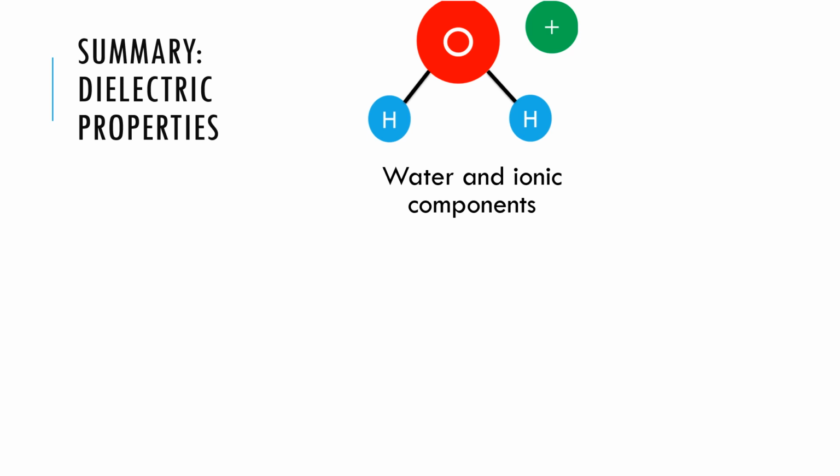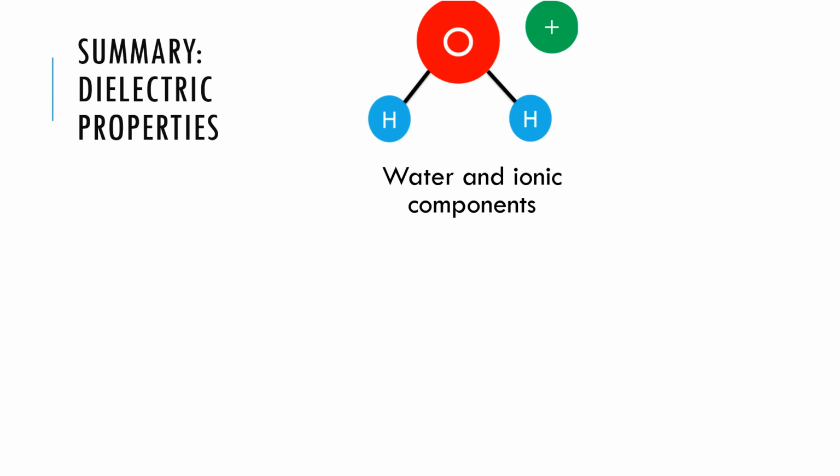For example, even oil heats, and oil does not have the water or the ions. So there are other mechanisms, but these two, water and ionic components, are the primary components that are able to interact with microwaves and generate heat.